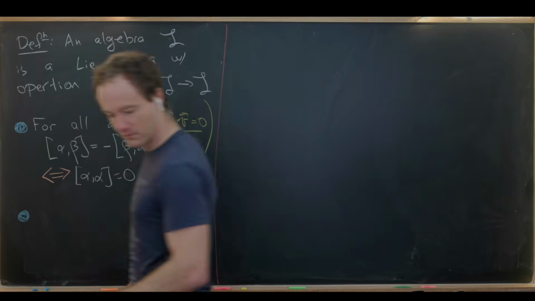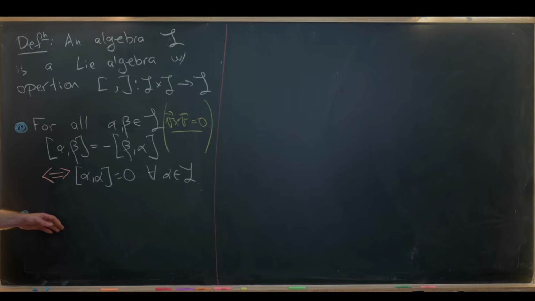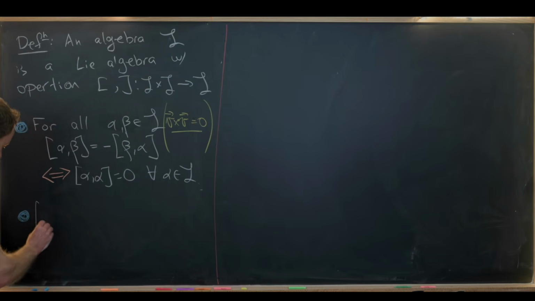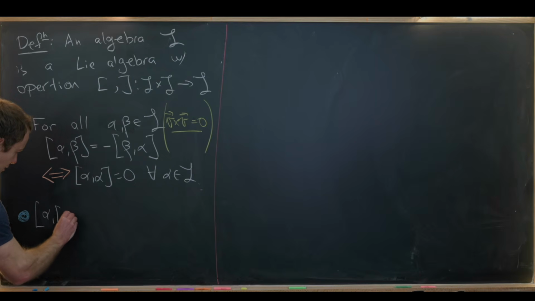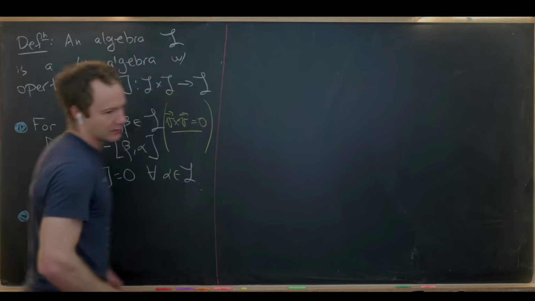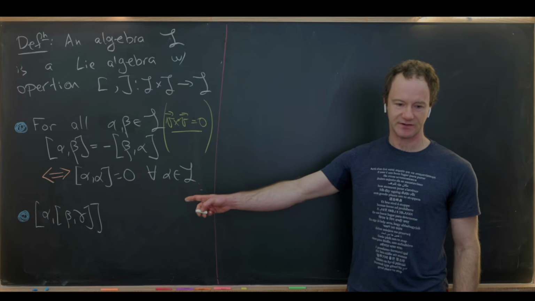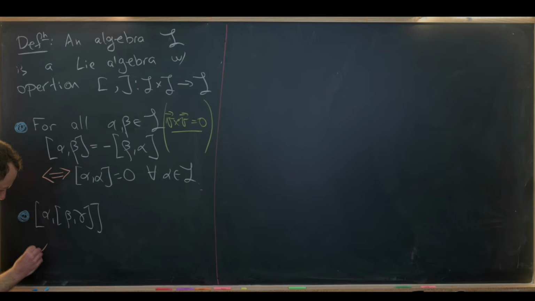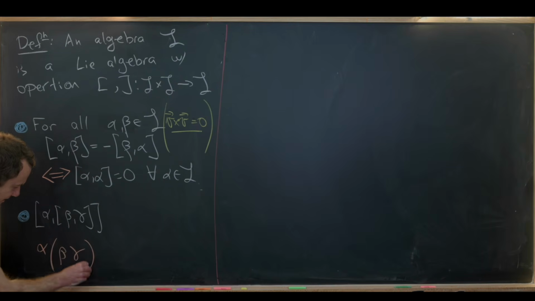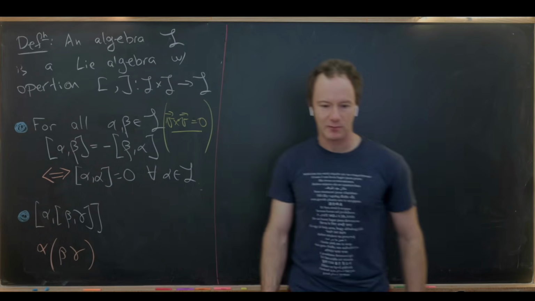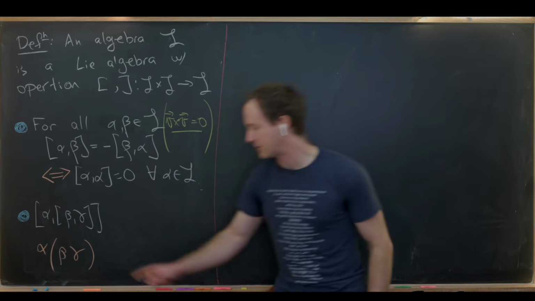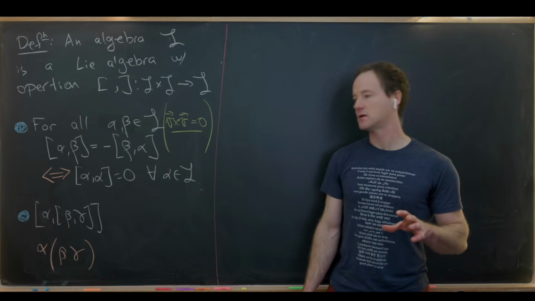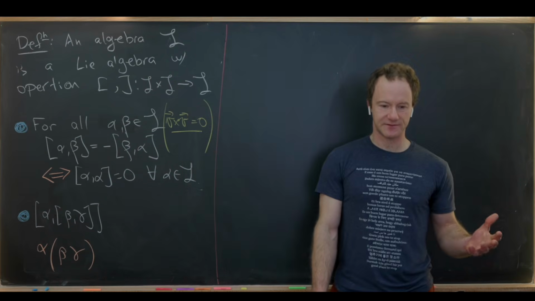Okay, and then you've got one more identity called the Jacobi identity, and that goes like this. Bracket alpha with bracket beta gamma. So check out what we've got here. We've got some sort of associativity. If you were to read this off with normal multiplication, it would be like combining beta and gamma, and then after combining beta and gamma, we're combining alpha from the left.